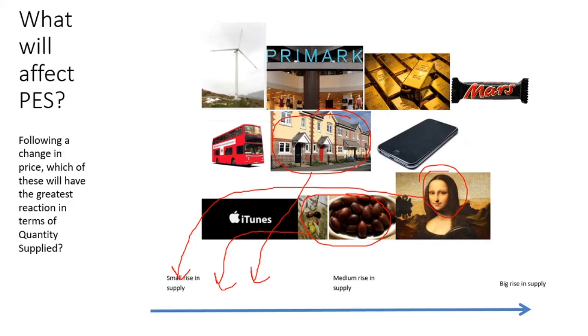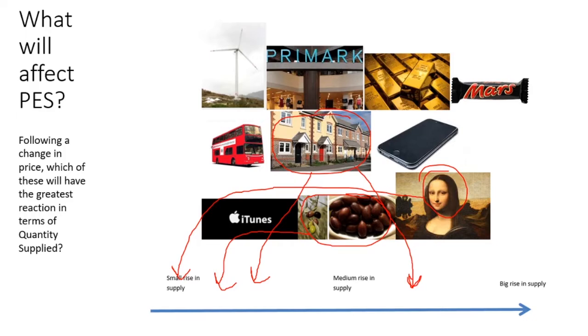Of course, if you weren't talking about building houses, but just the number of houses on the market, because people wanted to sell them, already existing houses, then actually I think it might go over here, right? So it depends on your assumptions for that one. I think building houses is going to be relatively unresponsive, but for houses that are generally there, I'm sure people will want to sell them if the price goes up.